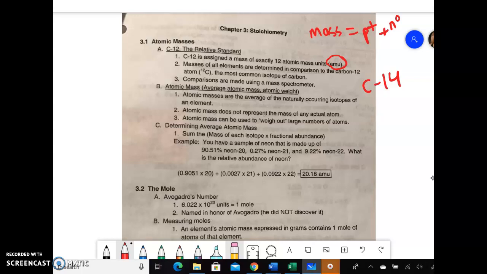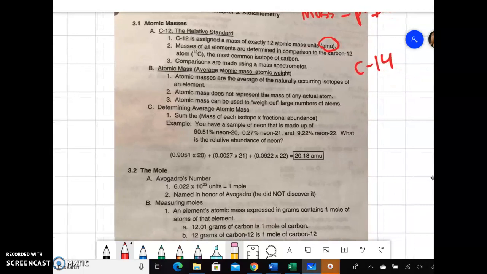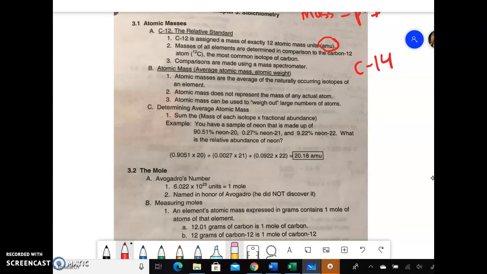All right, so like I said, not every element has the same mass, so what we do is we take an average. These numbers on the periodic table that you see under the elements are long decimals. The reason it's a decimal is because it's an average of all the naturally occurring isotopes of that particular element. It doesn't mean that's the mass of one particular atom.